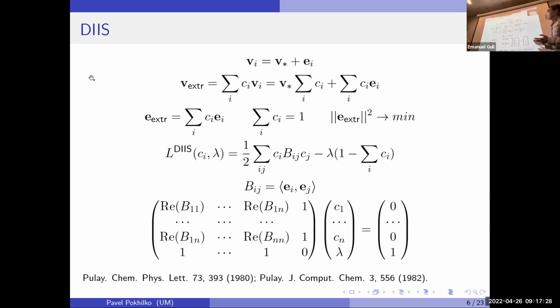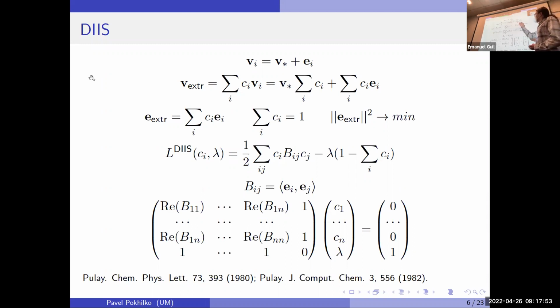We can always write the vectors Vi as a final vector V star plus the error Ei. Now, in DIIS, we seek a linear extrapolation of the vectors Vi, and we can write it down given this representation.